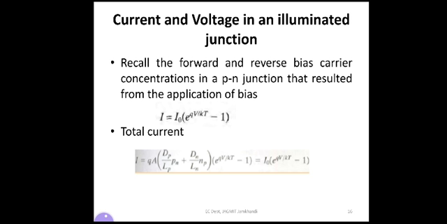Here Ln and Lp are the diffusion lengths in the N and P regions, and pn and np are the equilibrium concentrations of holes and electrons in the N and P type material.